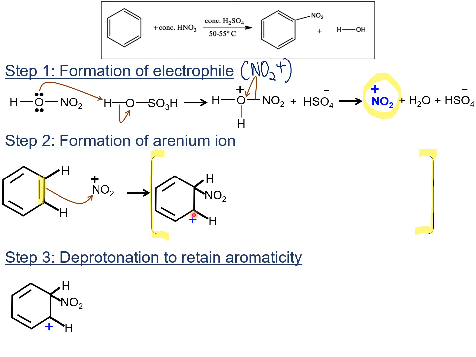Lepas tu kita buat delocalization tu. We start from here, this double bond, kita delocalize to this carbon atom. Okay, makanya don't forget this resonance arrow juga. Makanya kita akan dapat something like this. Okay, di mana this carbon akan dapat the positive charge, this carbon atom akan dapat the double bond.